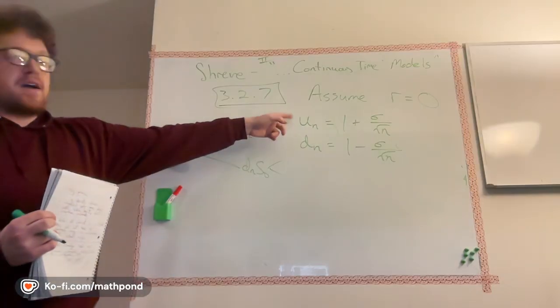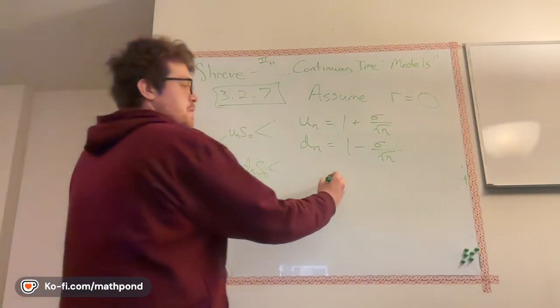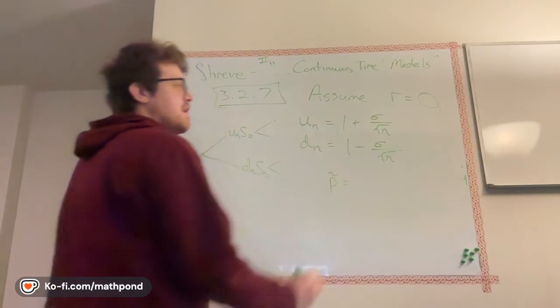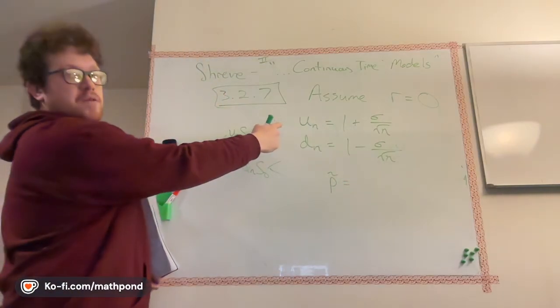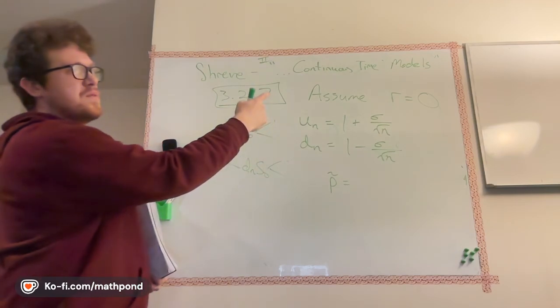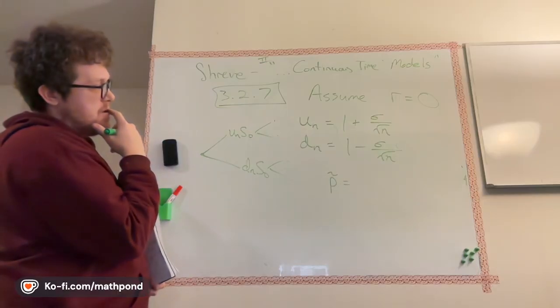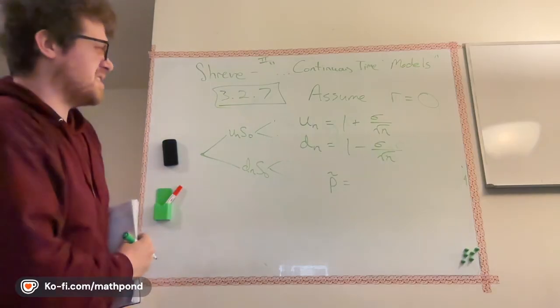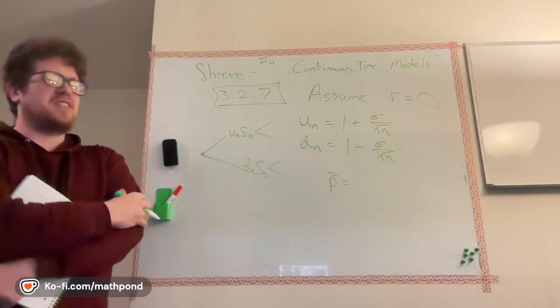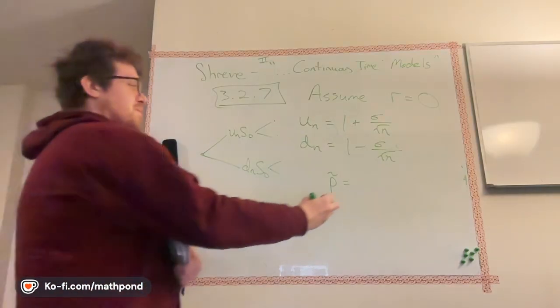And then you can do your calculation here. Remember, there was a risk neutral p, where I think the formula was 1 plus r minus d over u minus d. I didn't write it down, so who remembers the formula in the chat?